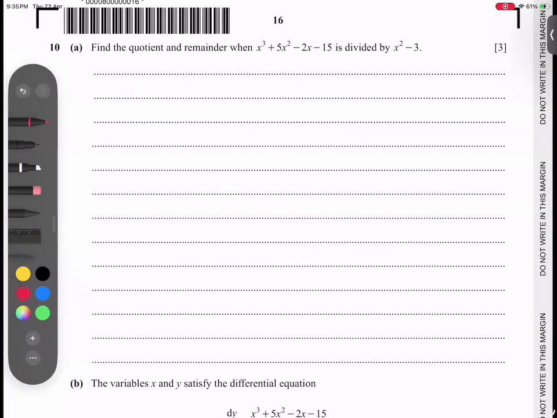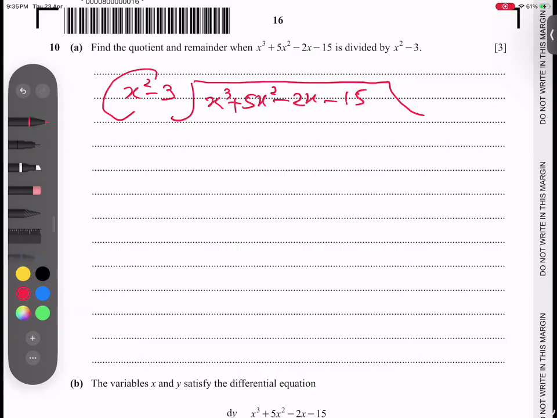Question number 10: we need to find the quotient and remainder when this is divided by this. So let's start. So x cubed plus 5x squared, negative 2x and negative 15. This multiplied by what gives you this value? So x. And x multiplies both values, I get x cubed and minus 3x.